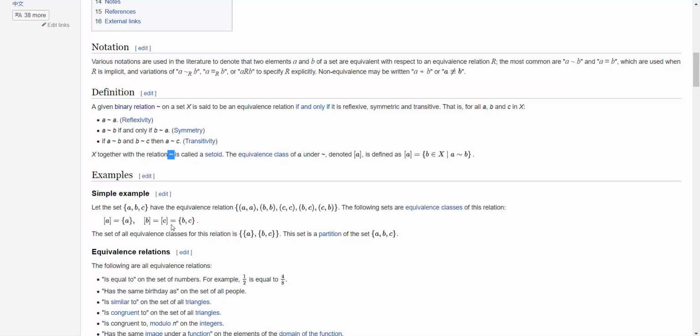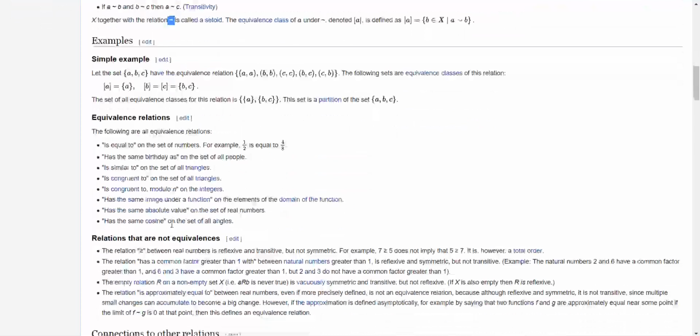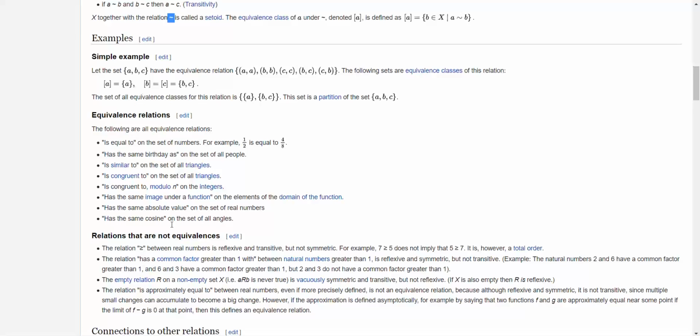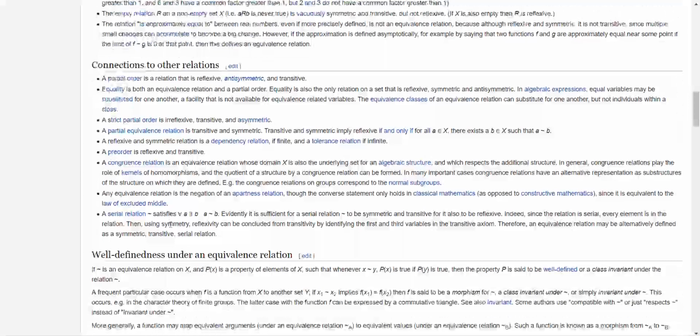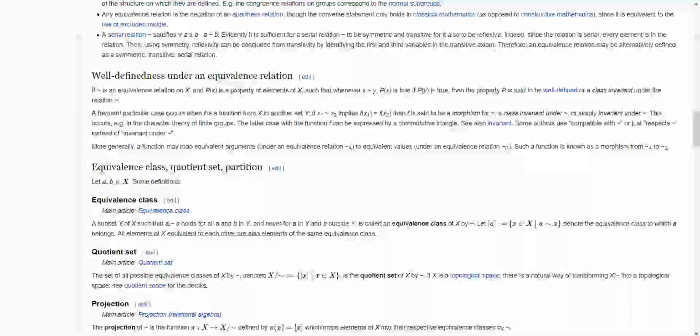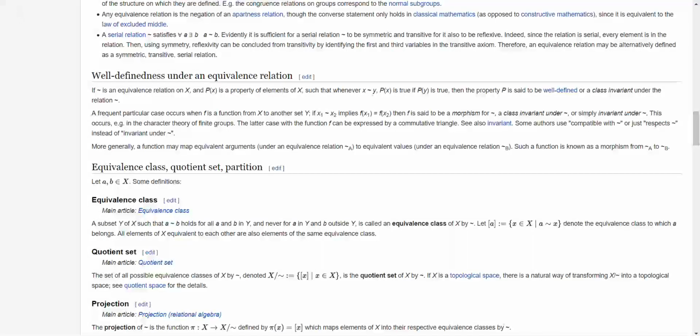Nope, not what we're looking for. So we know the concept, we understand what it means, and we understand basically everything about it.